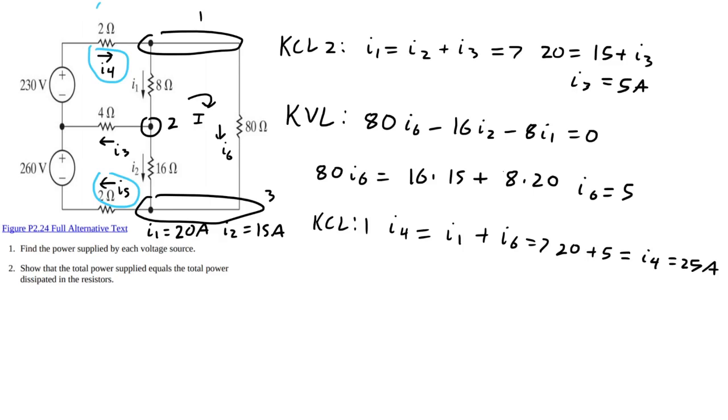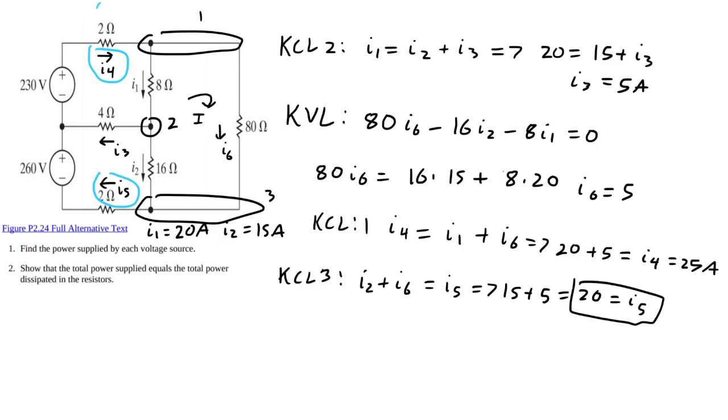And then let's do the same process over here at KCL at node 3. We have I2 going in, and I6 going in, and I5 leaving. We know I2 and I6, so it's 15 plus 5 equals 20, which equals I5.